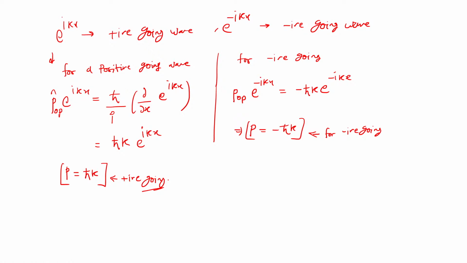So now do write this. Now we can have the wave function in other form, as we discussed earlier also. If we write another way of the wave function, then we will try to discuss the things for positive going and negative going.